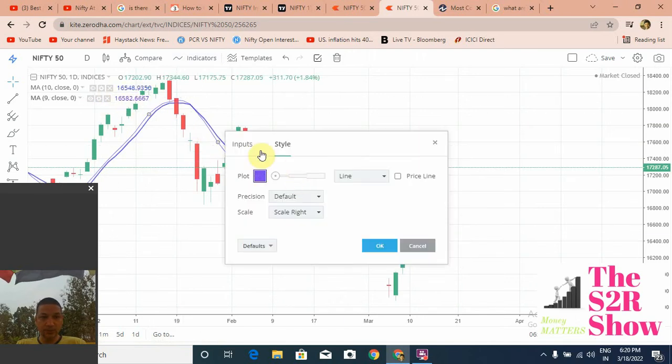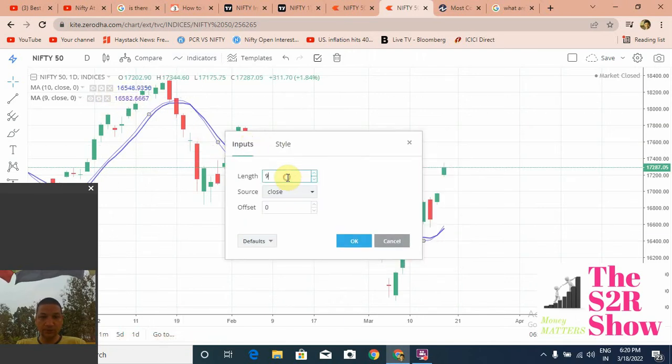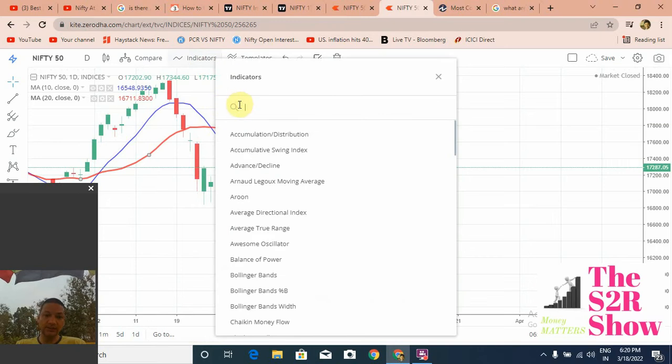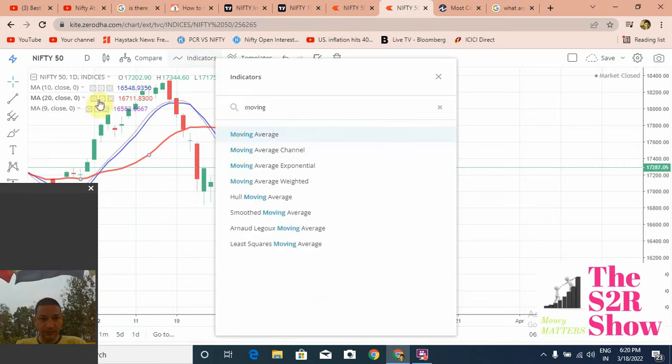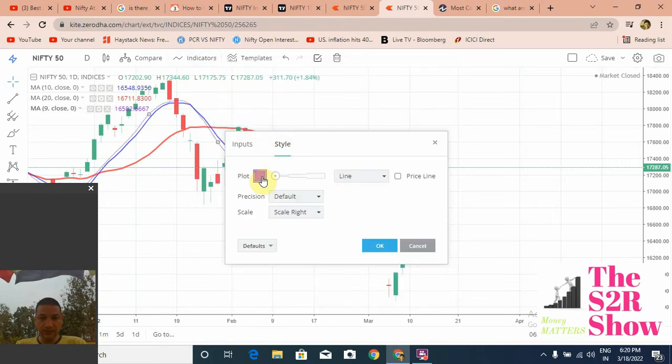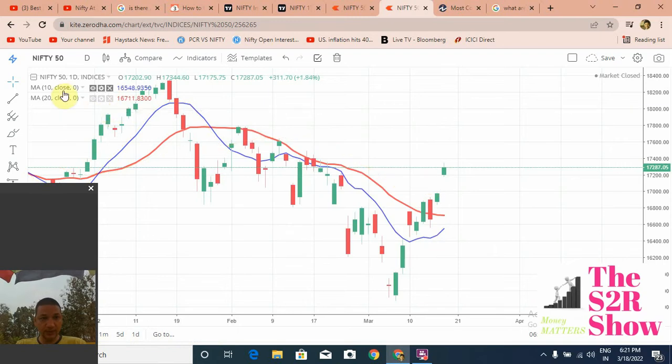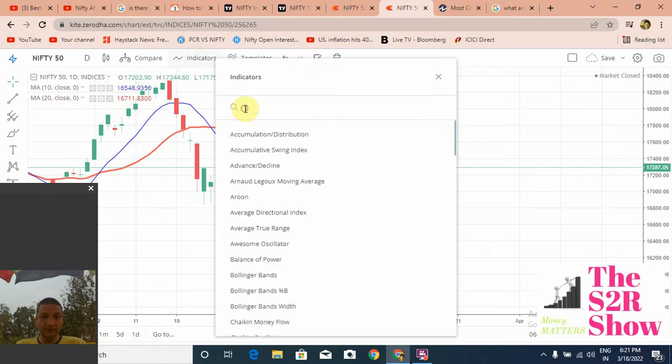Then for the second one, we'll change the input from 10 days to 20 days, and in the style you can change the color. I will take the second color, okay. Then we'll again insert a moving average indicator, and this one we can take 30 days. Go to input: 10 days, 20 days, and then 50 days.